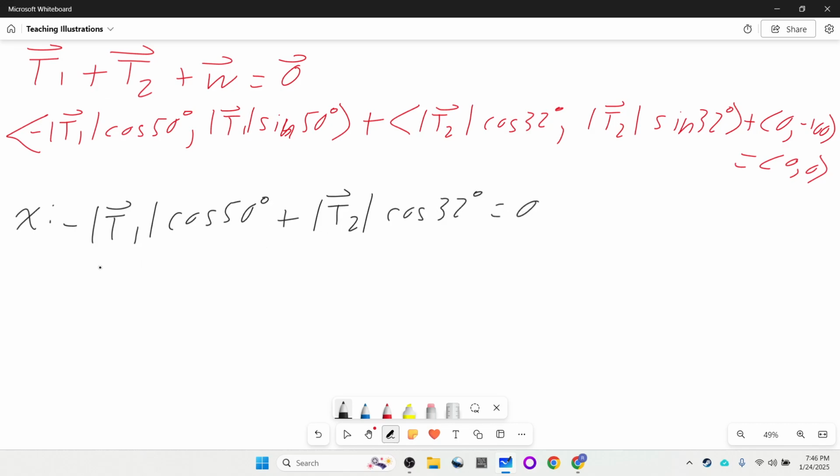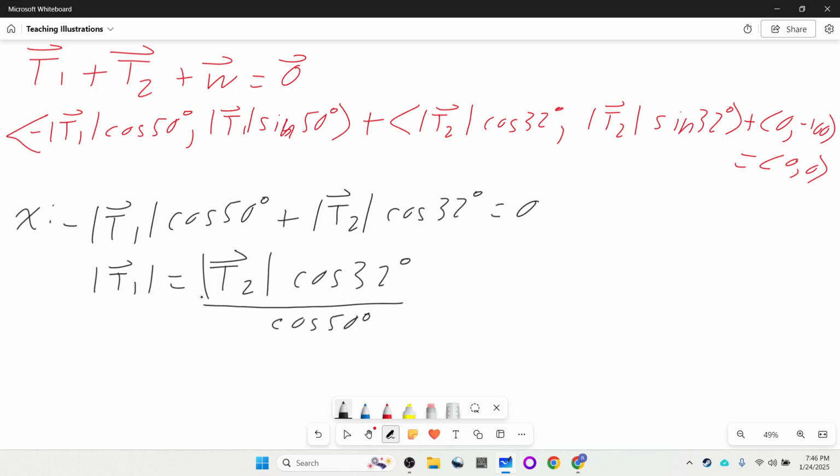So we could solve this. We would say, well, then the length of t1 is the length of t2 times cosine 32 over cosine 50. So now we can eliminate t1 and plug it into the other equation.